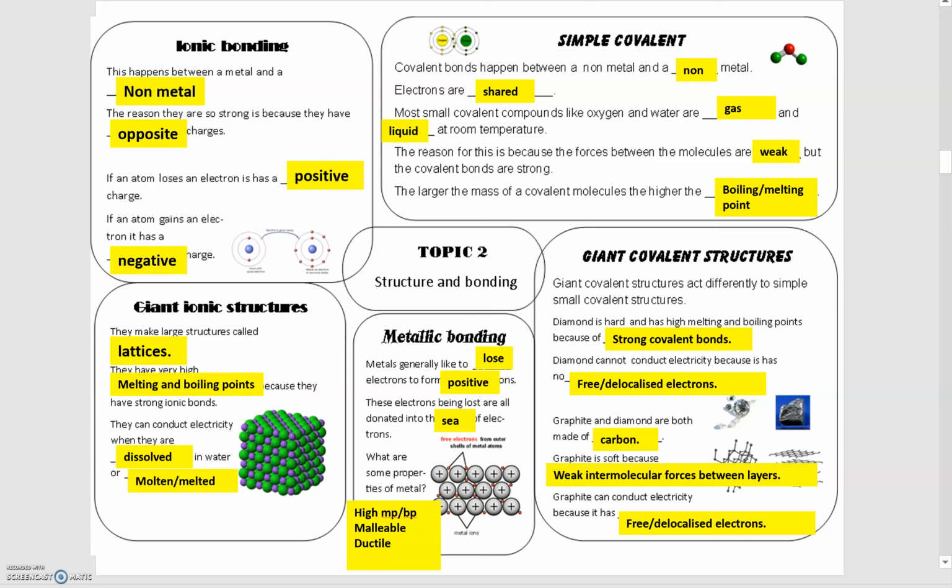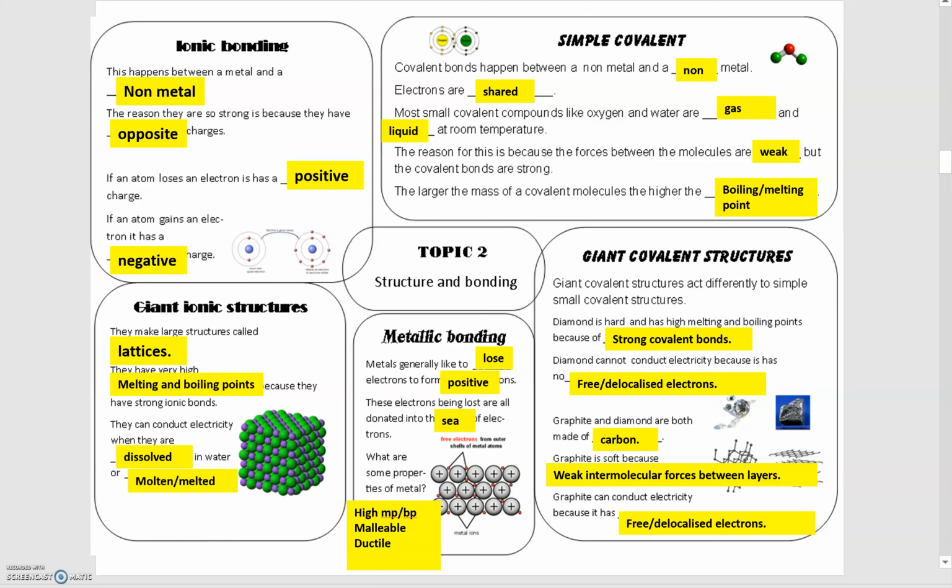If you look at the structure of the periodic table, mainly groups 1, 2, transition metals, and 3 have a positive charge because they tend to lose electrons to get a stable outer shell configuration. And if you then look at groups 5, 6, and 7, they tend to be negatively charged because they tend to gain electrons to get a full outer shell configuration.